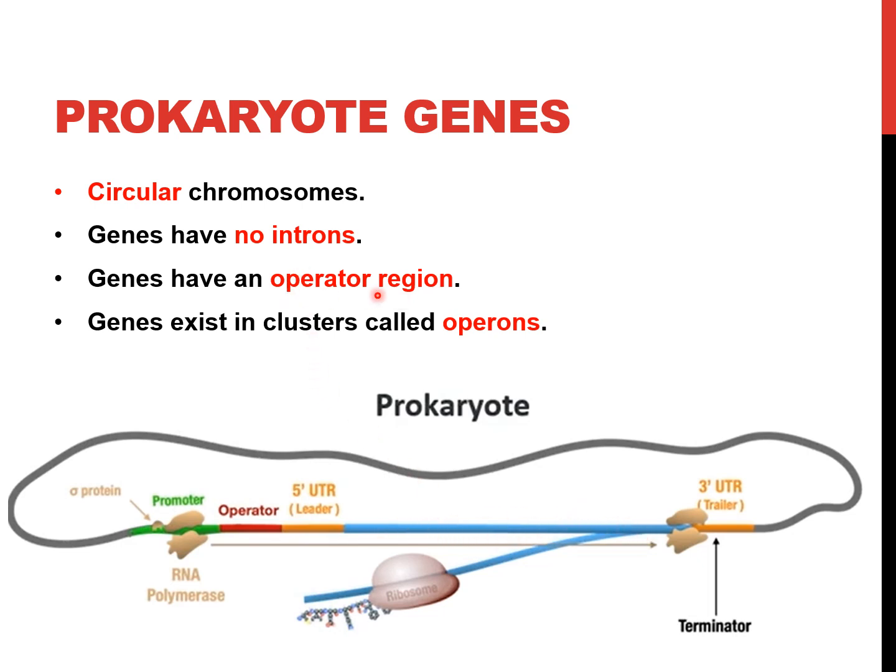They have this extra region called the operator region up here, which is going to be important soon, all right? And essentially a cluster of genes together, which no introns means they're all clustered up. That's what we call an operon, okay? So we have our TRP operon, which is just the operon, so the cluster of genes that helps create tryptophan, okay? And essentially this needs to be regulated.